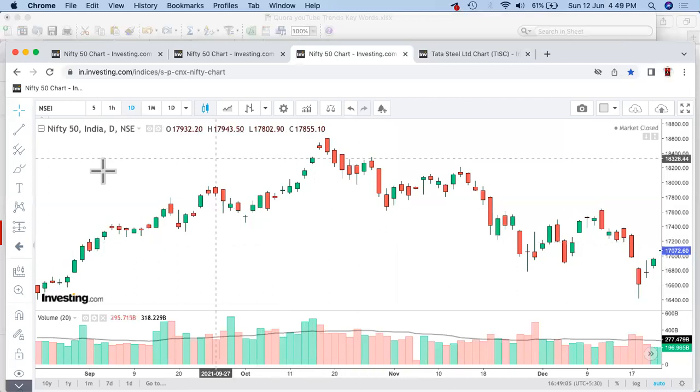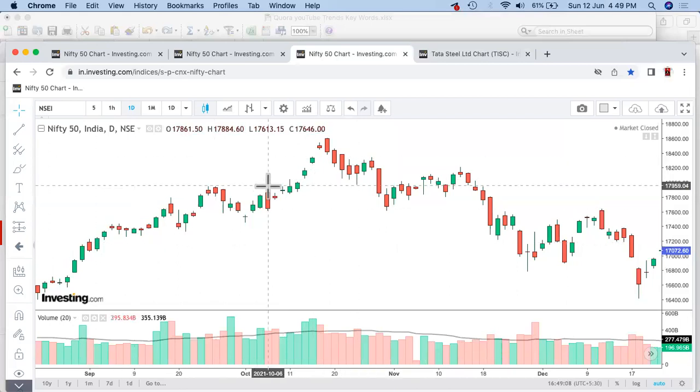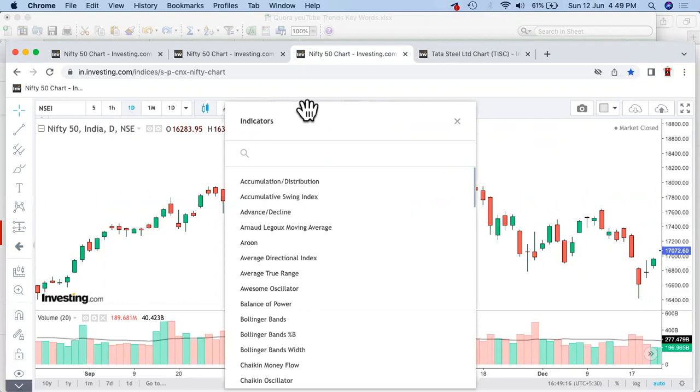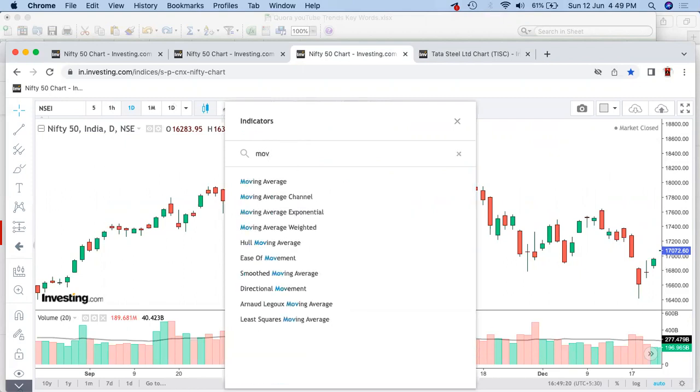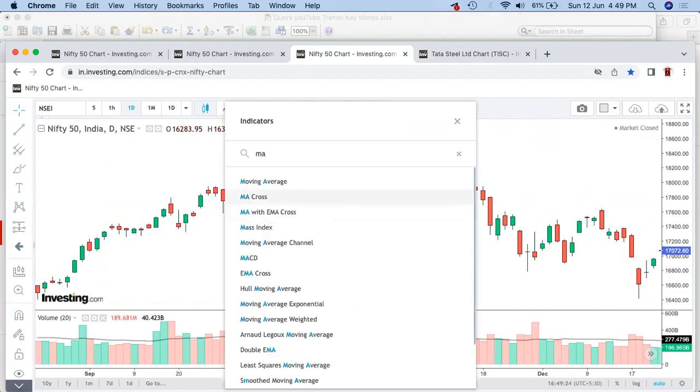Before going further, let's find out how we are able to add a moving average. On the top horizontal bar, if I go here, it is indicators, right? I click on indicators and you can put down moving average, right? You will get it over here, or you can just put down MA. Either way you are able to get it, right?